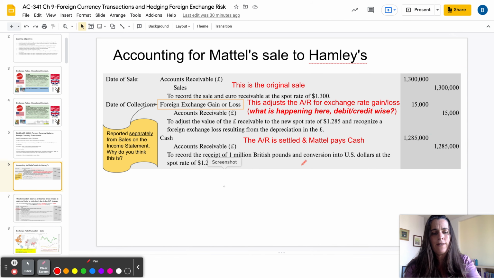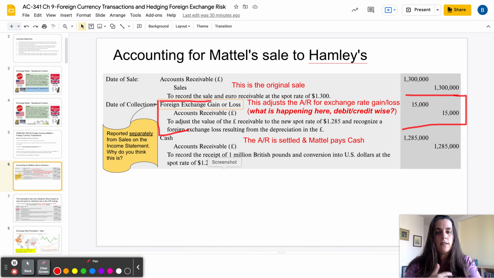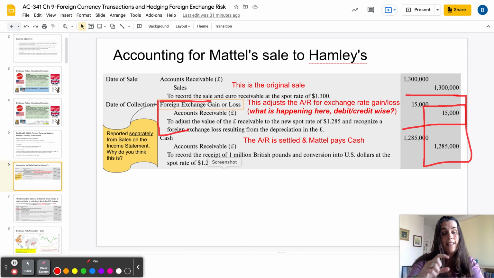Of course, we now have this $15,000 differential between the original sale amount and the amount realized in cash, and we need to figure out how to book it. We need to account for that. So we credit account receivable for the remaining $15,000 so that we total up to $1.3 million, netting the account receivable back down to zero. And we book a debit to what's called foreign exchange loss.